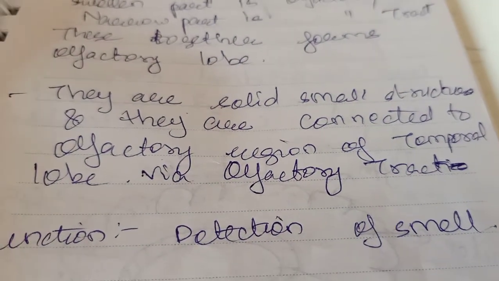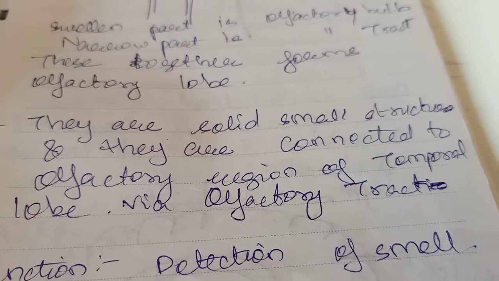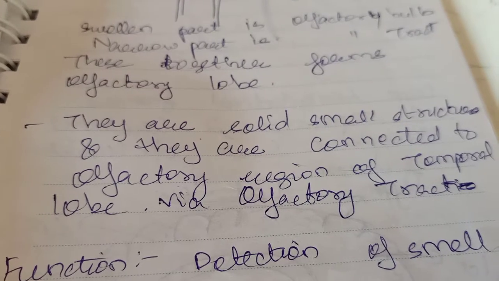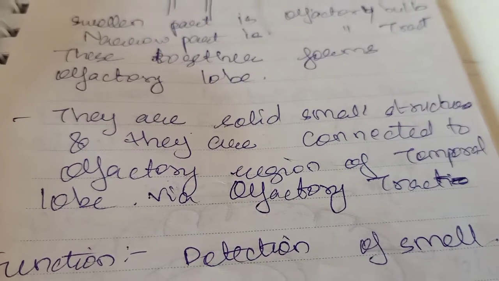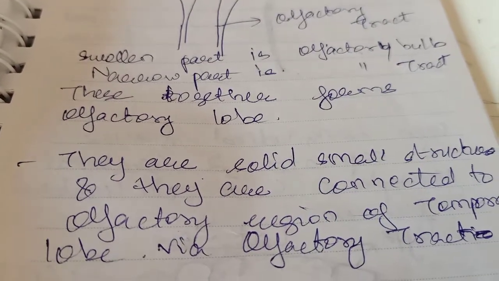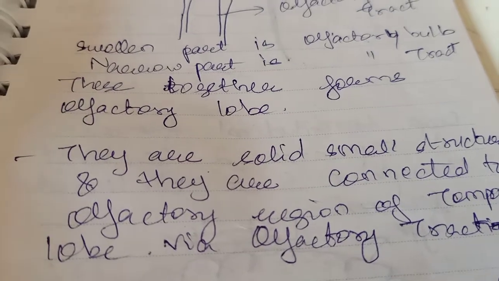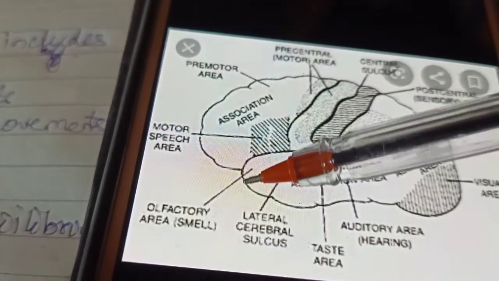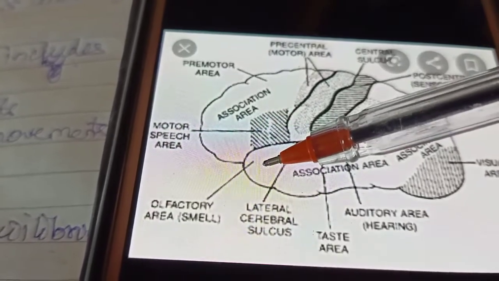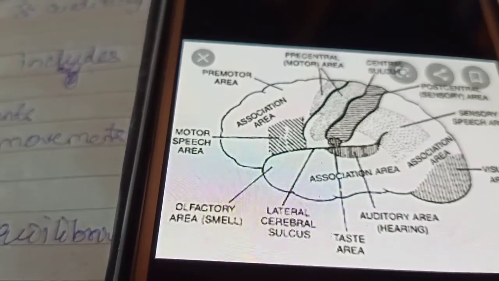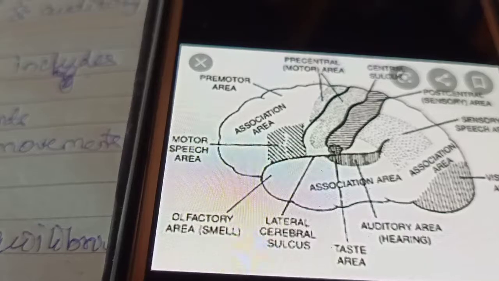So in the temporal lobe, there is an olfactory region. You can see the olfactory region of the temporal lobe here. The olfactory lobe consists of the olfactory bulb and the olfactory tract.